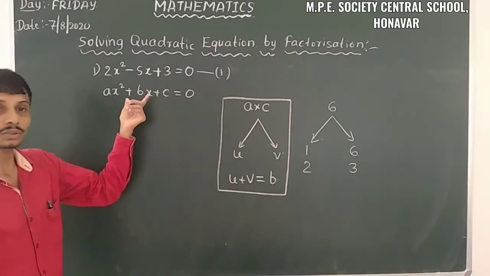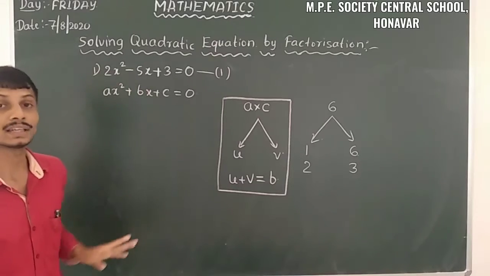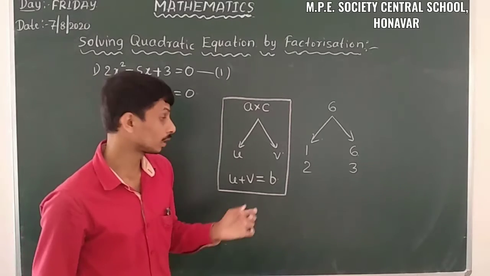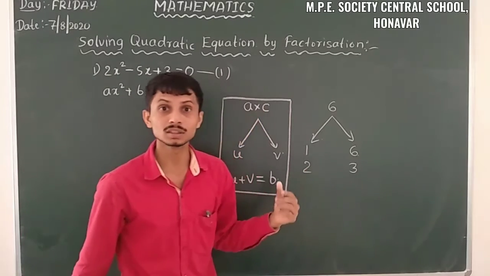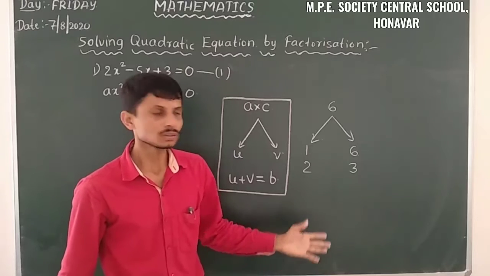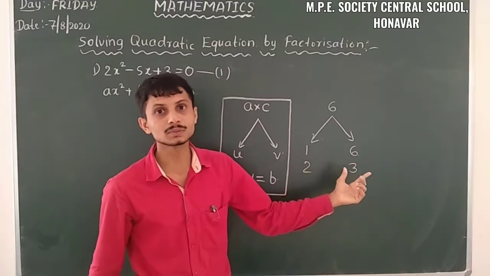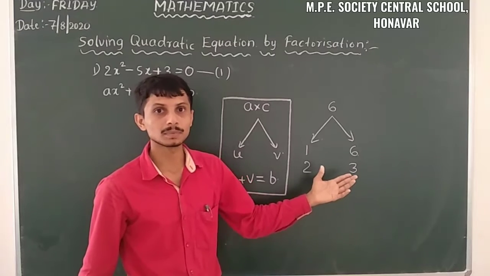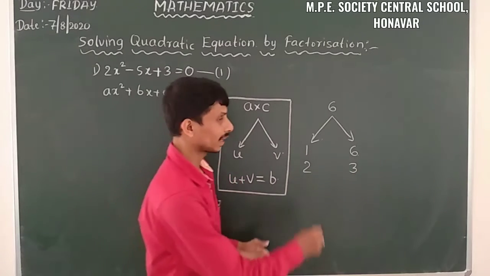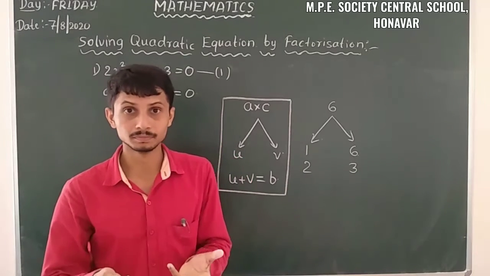Just observe here that the value of b is minus 5. So when we add these two terms, we want to get minus 5. Here we can subtract. So 1 and 6 we can subtract: 1 minus 6 is minus 5.